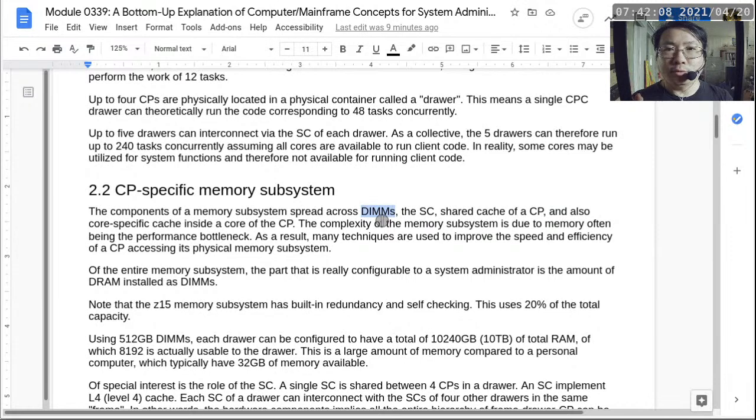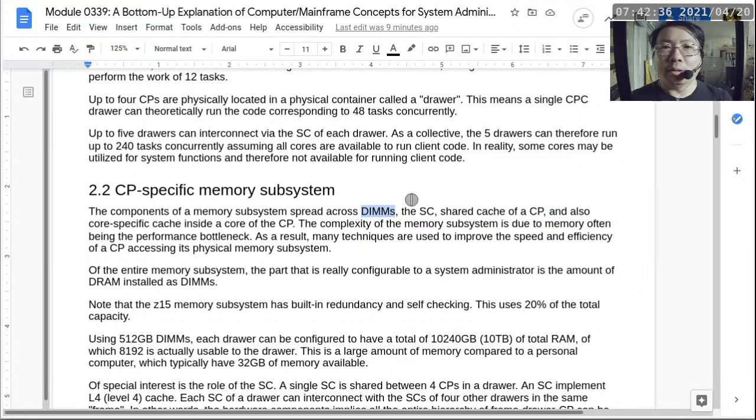In other words, if you want to point to a single thing inside the processor or inside the CPC and ask, where's my program? If I have a program that is running, which component is holding or storing the program? That would be the DIMMs. The DIMMs are physically the stuff that is holding the data and also the program during execution.